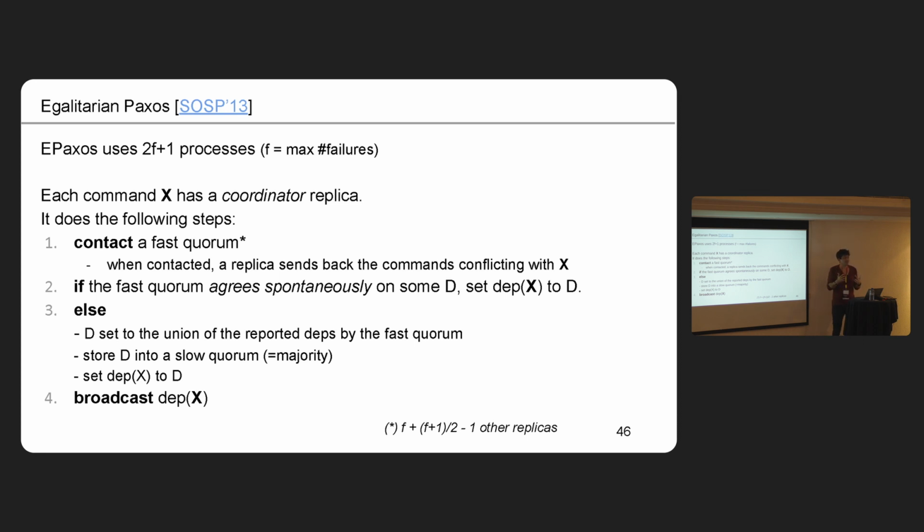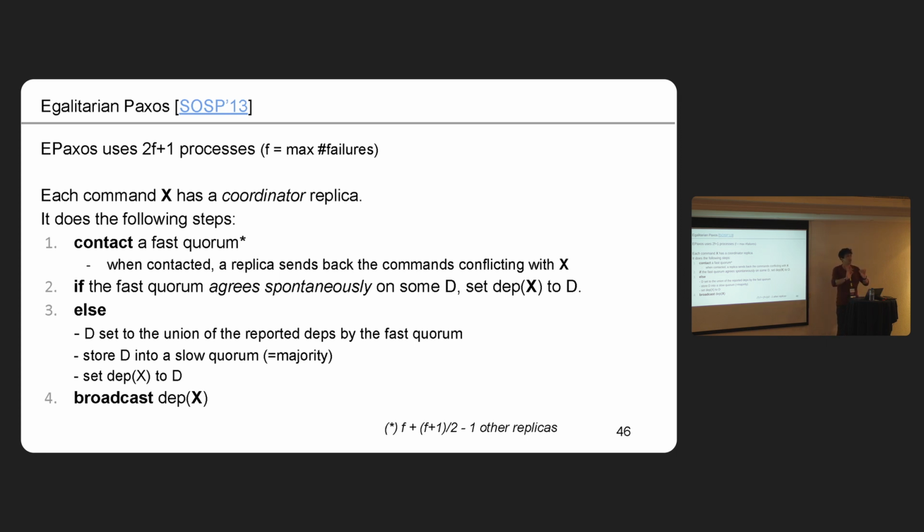This is called a fast quorum, or fast path quorum. The size of the fast path quorum is given by the equation at the bottom, with f the maximum number of failures. We'll come back to that later. Simply note that it's a size of 2 processes in a 3-node system, and a size of 3 processes in a 5-node system. But it's governed by this equation.